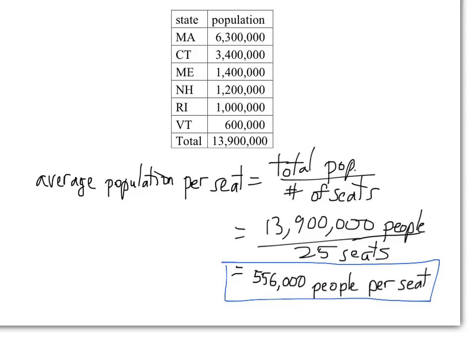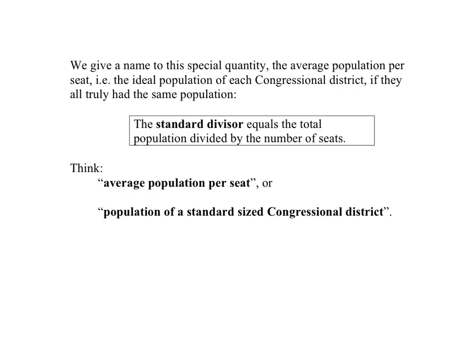Notice the units here, people per seat. In other words, if every congressional district had the same number of people, they'd each have 556,000 of them. This is an important quantity. We give a special name to this quantity, the average population per seat, or the ideal population of a congressional district, if they all truly had the same population.